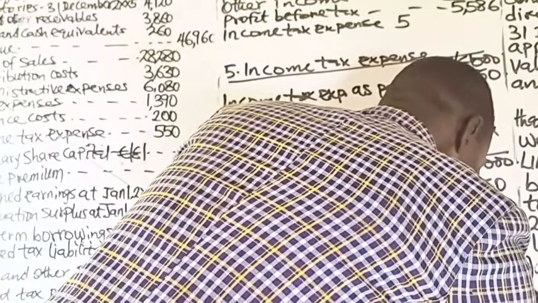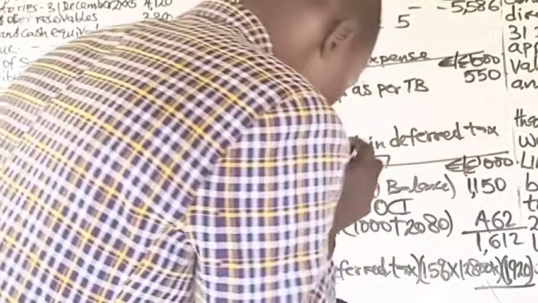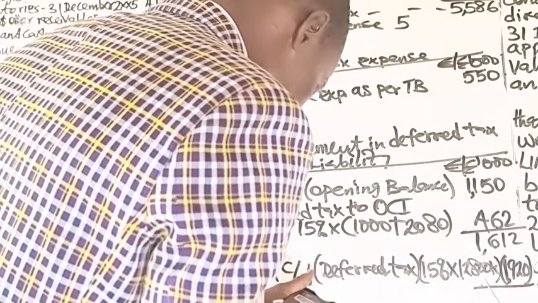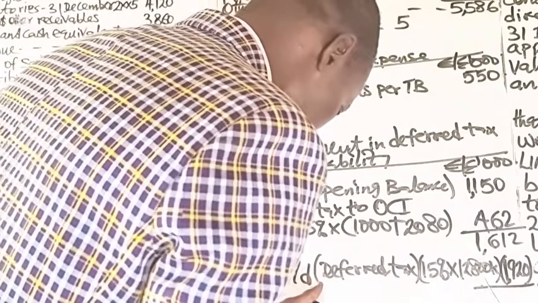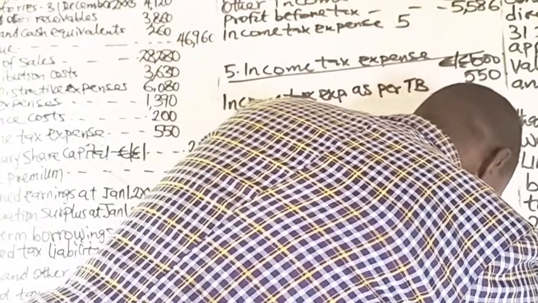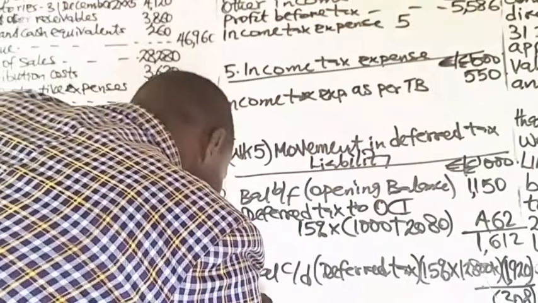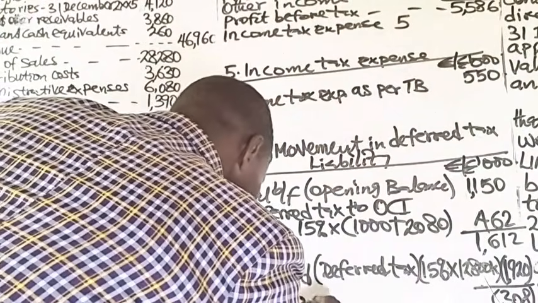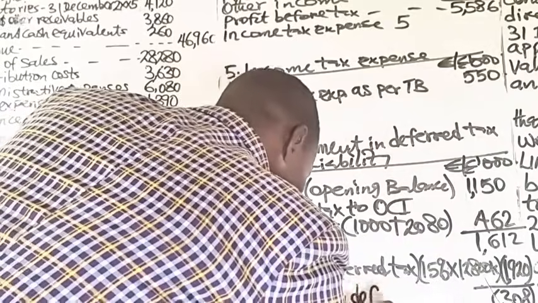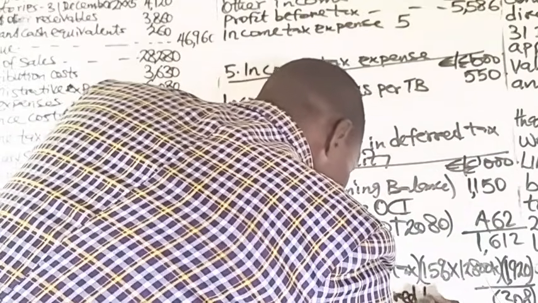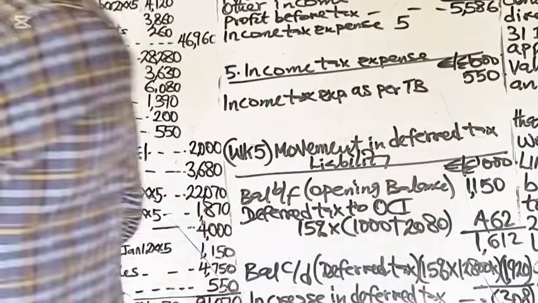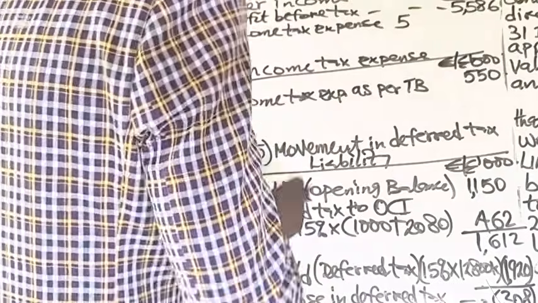If you subtract 1612 from it, then you have 308. So since the closing balance is greater, that means you have an increase in deferred tax. And remember, an increase in deferred tax will be added to the amount of tax expense in the statement of profit or loss.